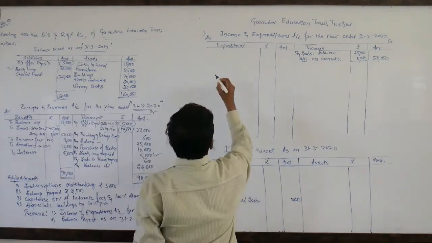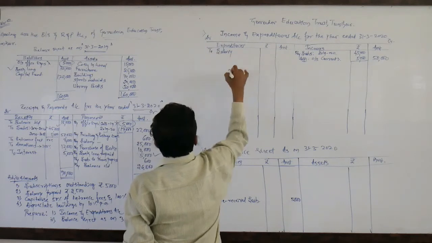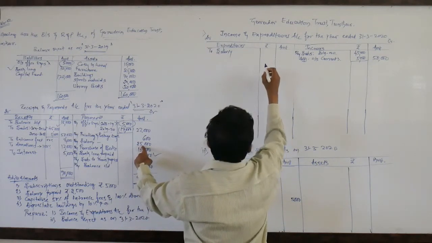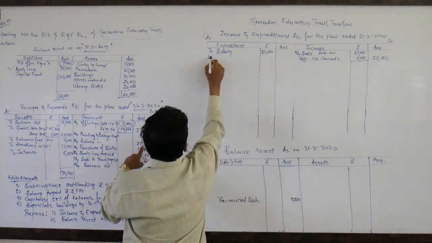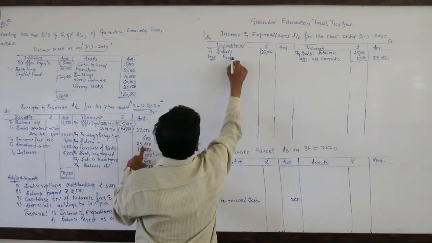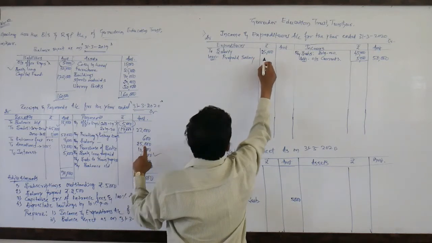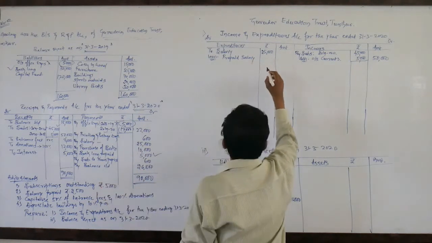Salary, fees and expenses to salary. Salary is rupees, how much? 25,000 less prepaid salary rupees, how much? Salary prepaid rupees 2,500.